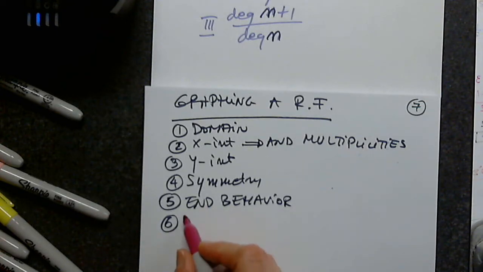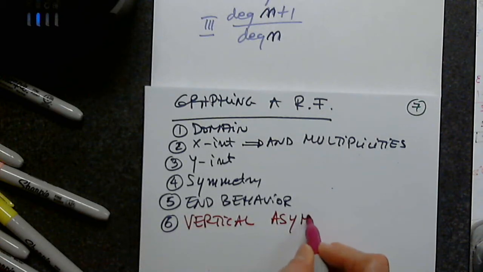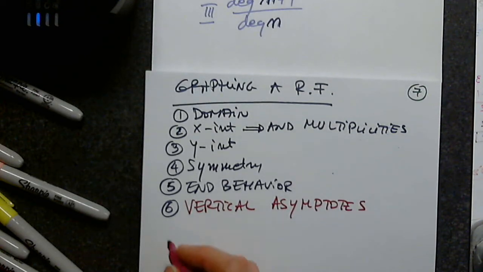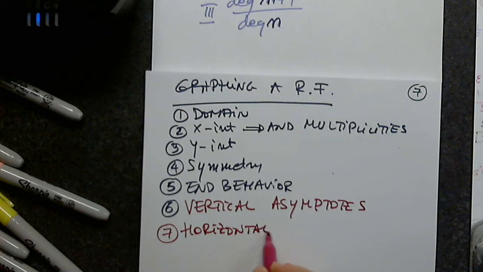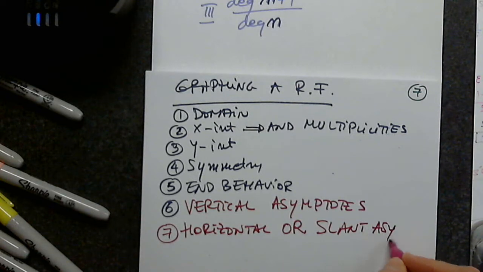Item 7: vertical asymptotes. Item 7 also includes horizontal or slant asymptotes, but not both. If a function has a horizontal asymptote, it will not have a slant one, and vice versa.